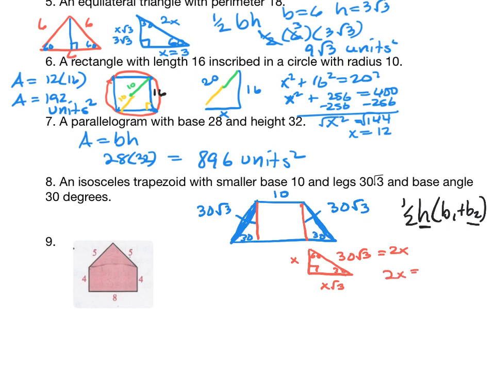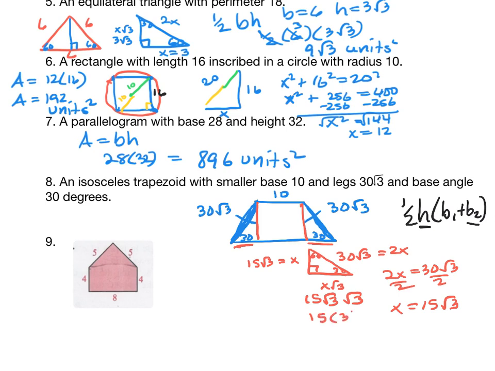So 2x equals 30 root 3, divide by 2, and x is equal to 15 square root 3. So that's going to be my height. Then over here, to find this little piece and this little piece, I'm going to do 15 square root 3, which is x, times root 3.